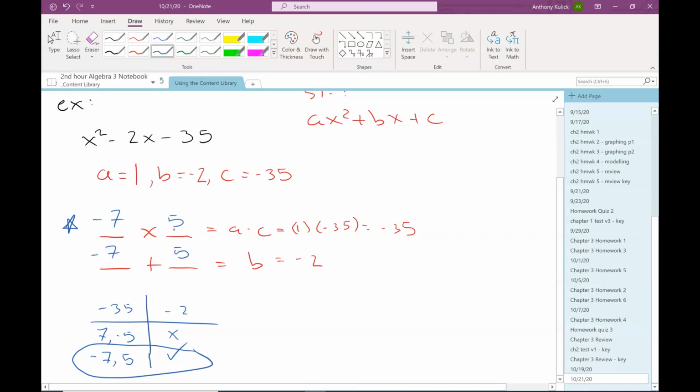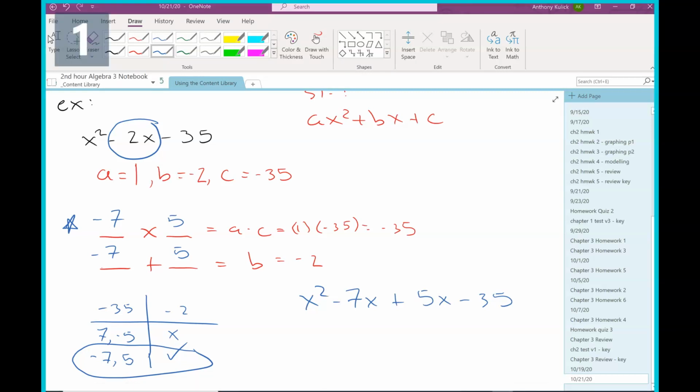Everybody's okay with that? What we're going to use those two numbers for is we're going to rewrite the original problem, but instead of writing -2x, I'm going to write -7x plus 5x.